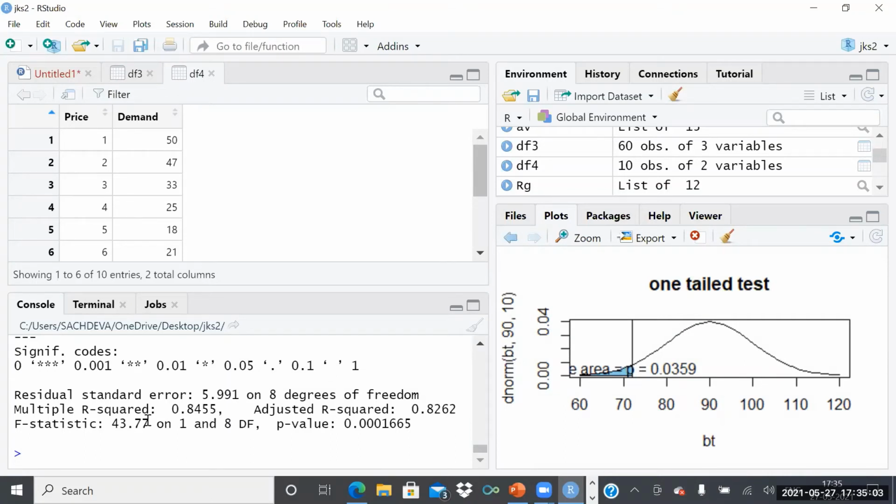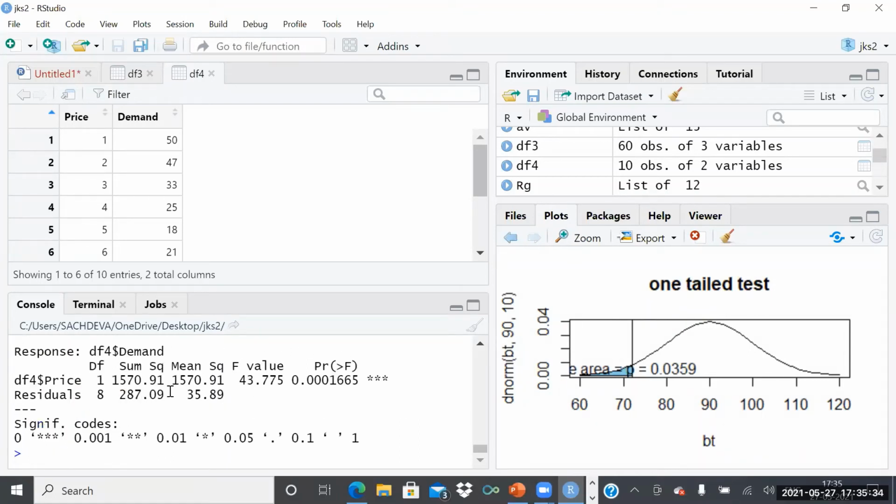And F is 43.77. P value is 0.000166. It means this is less than 0.05. It means the model is statistically significant. We can also write anova of RG. Let us see what this ANOVA says.